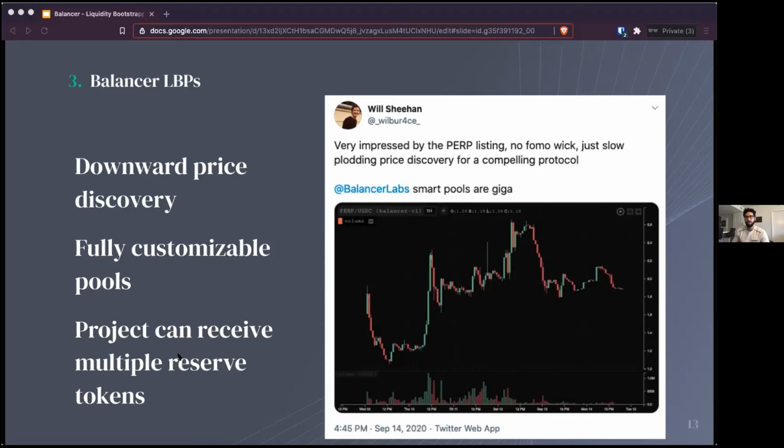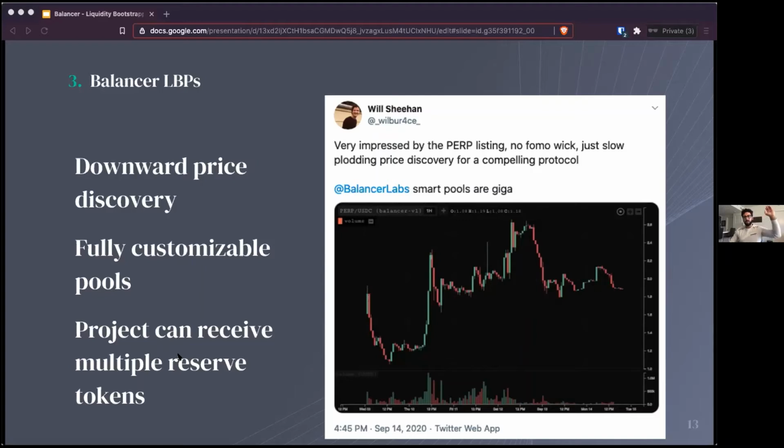When no one buys, this downward pressure just moves the price straight down. But when there's buying pressure, those two forces counteract, and the weight adjustments which continue to happen will tamp down price spikes.